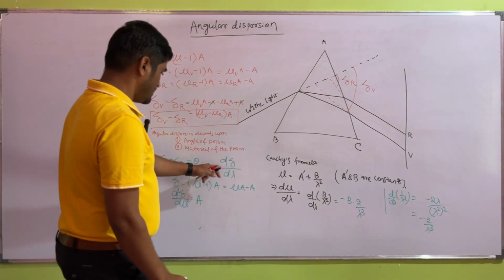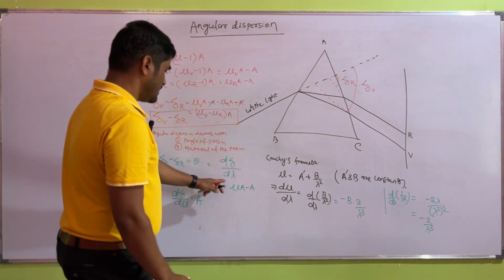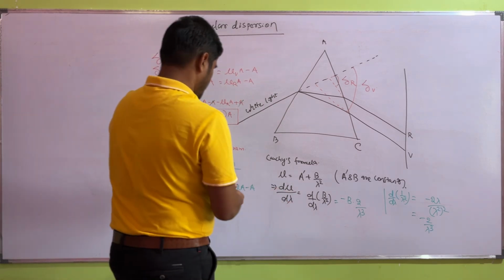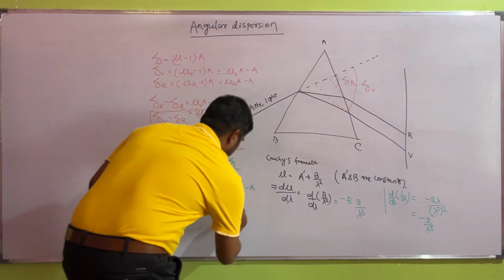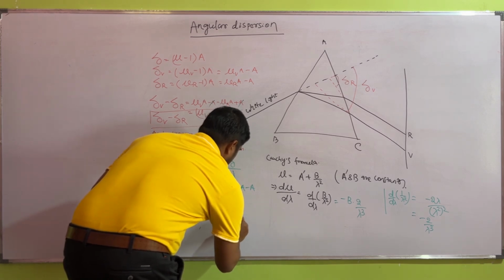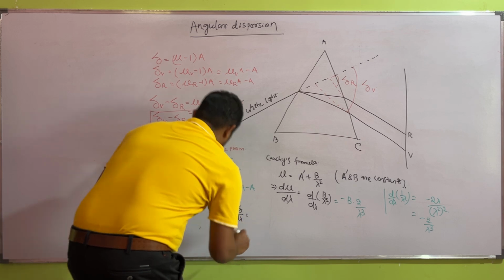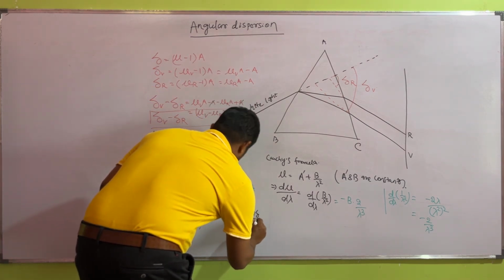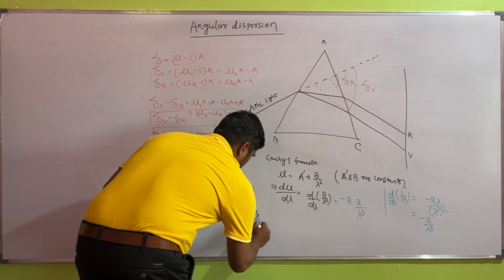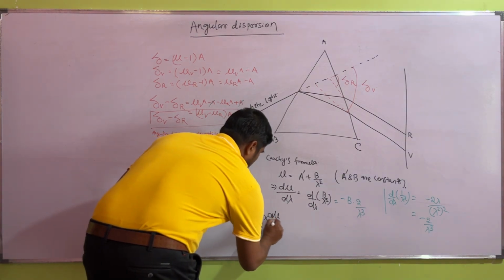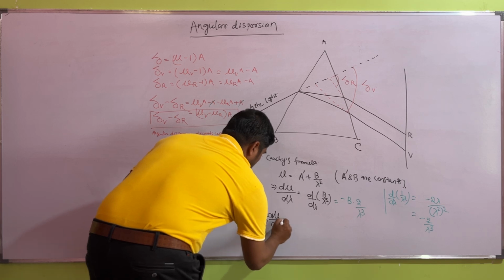And we need d delta divided by d lambda. So we have to multiply these two equations. Then d delta divided by d lambda is equal to d delta divided by d mu into d mu divided by d lambda.